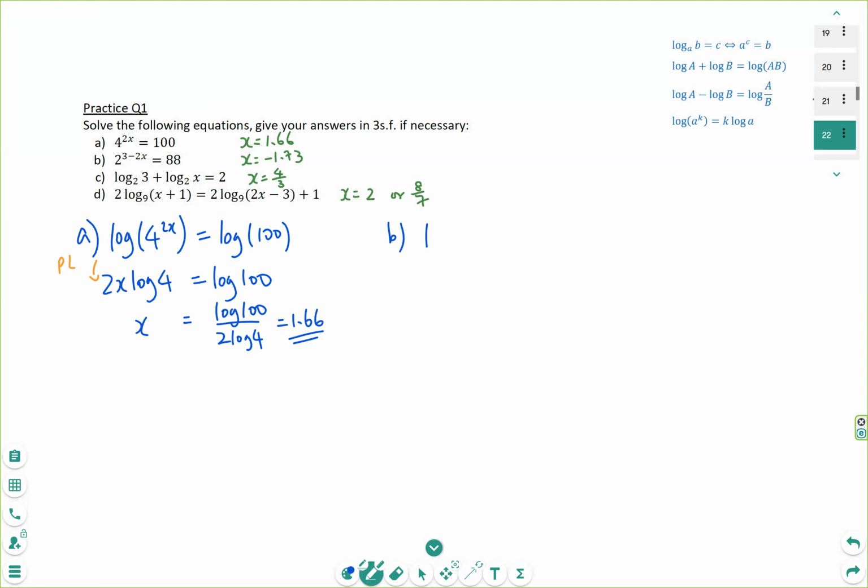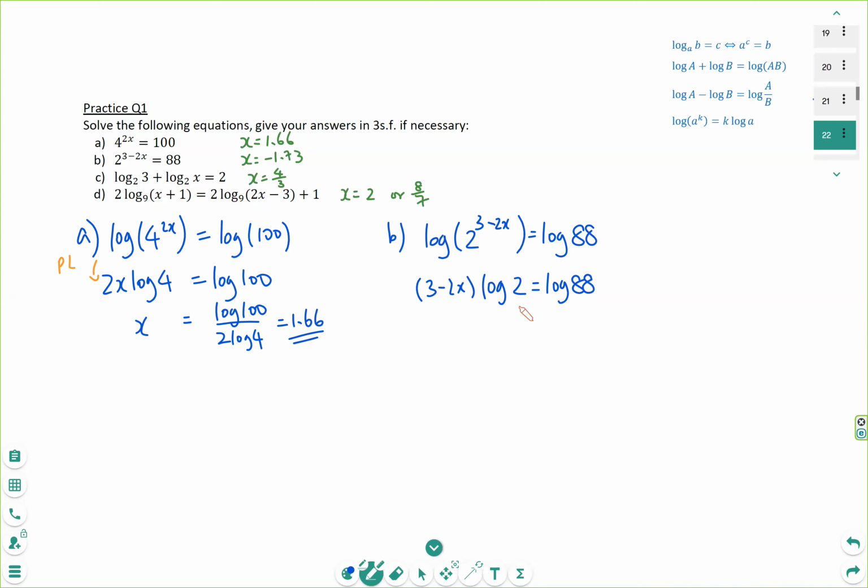Part B. Again, log on both sides. Log of 3 to the power of minus 2x equals log 88. Use the power law, bring the power down. But because the power is a composite expression, meaning there's more than one term, put a bracket around it: (3 minus 2x) log 2 equals log 88.